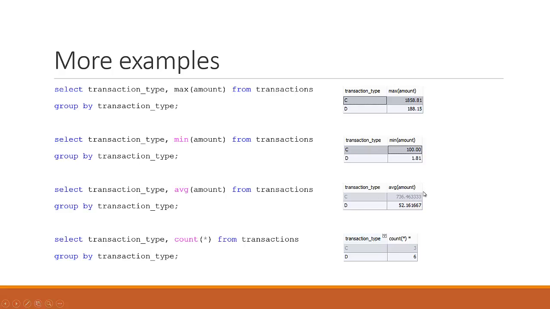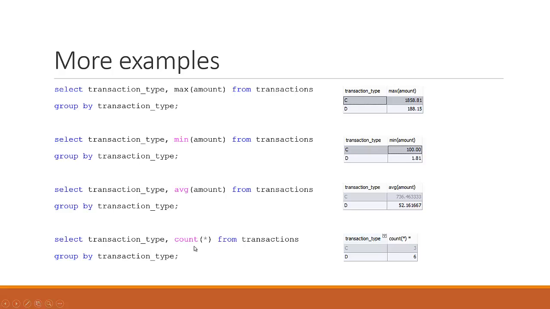There you go, that is the average. Same thing for the debits, which is the opposite of a deposit. We add up all 6 of them and divide by 6 to give us a total of 52 point whatever that is. So that's the average aggregate function, and those are all similar in how they function.